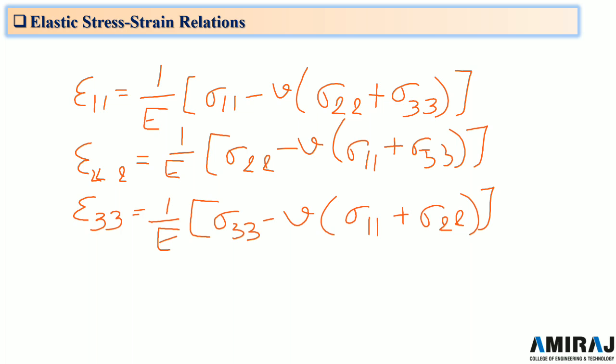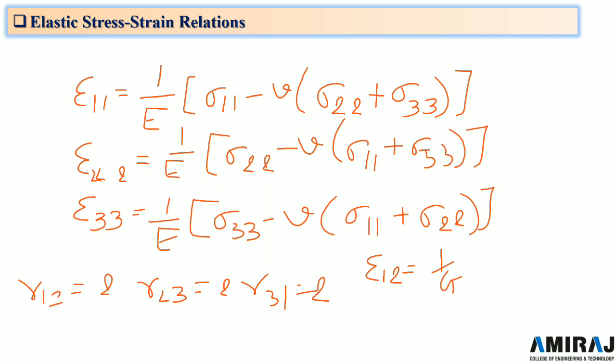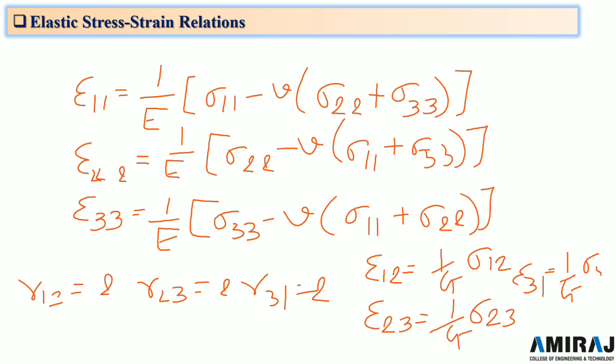Next, gamma 12 is equal to 2 epsilon 12, gamma 23 is equal to 2 epsilon 23, and gamma 31 is equal to 2 epsilon 31. So epsilon 12 will be equal to 1 upon G sigma 12, epsilon 23 is equal to 1 upon G sigma 23, and epsilon 31 is equal to 1 upon G sigma 31.